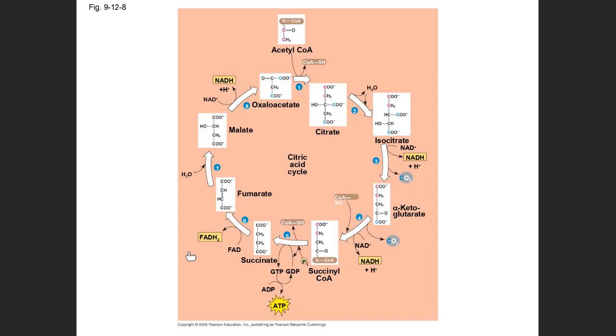Remember, 2 NADHs in glycolysis, 2 in the intermediate step, and 6 in the Krebs cycle for 10. Plus 2 FADH2, so that's 12 electron carriers. And those carriers are going to carry those electrons to the electron transport chain to make ATP. So what the cell has put all this effort into doing is capturing and storing electrons. So basically storing potential energy, which is going to be used to make ATP.